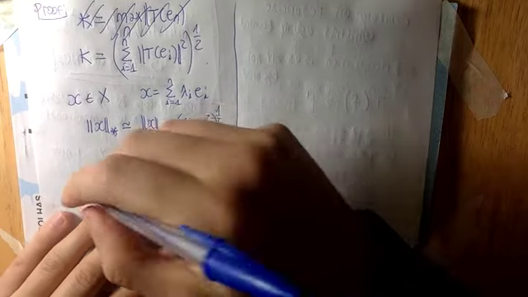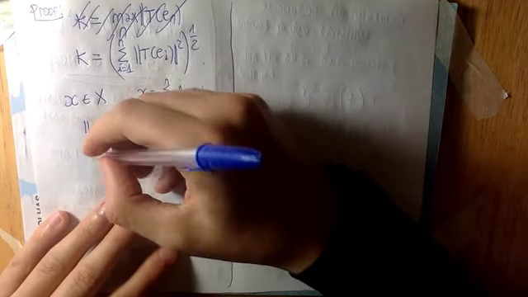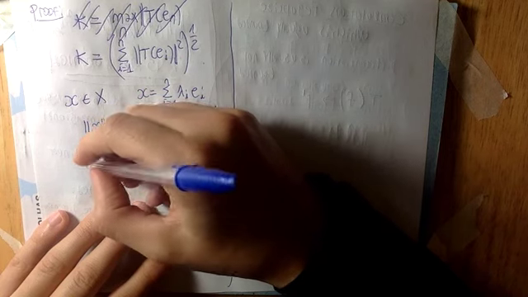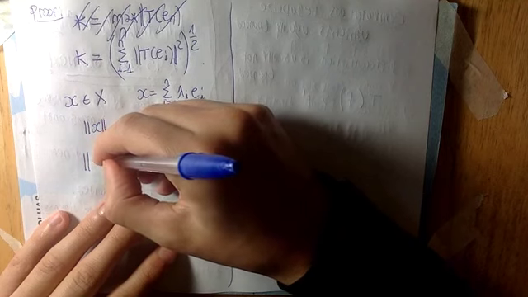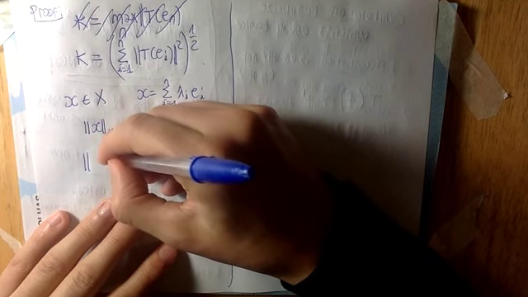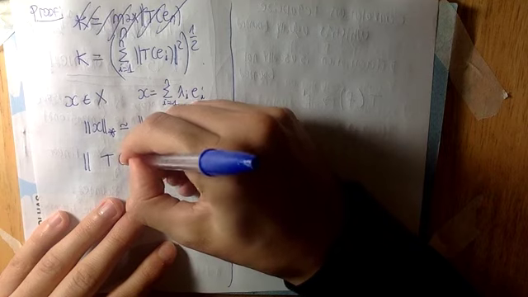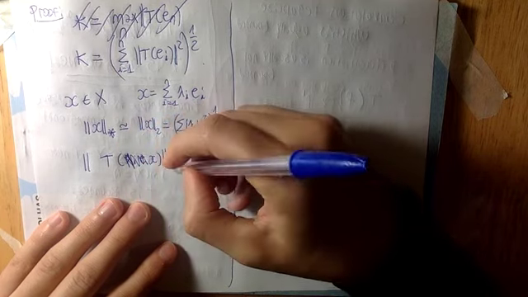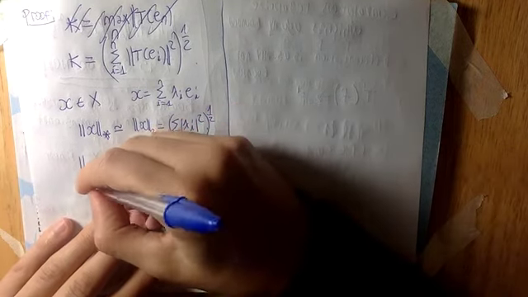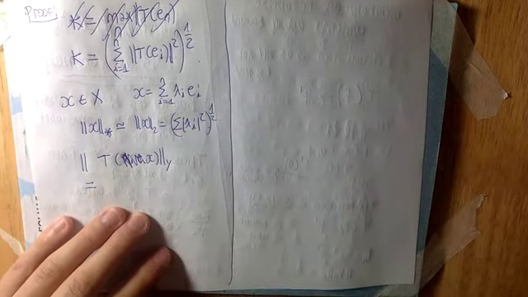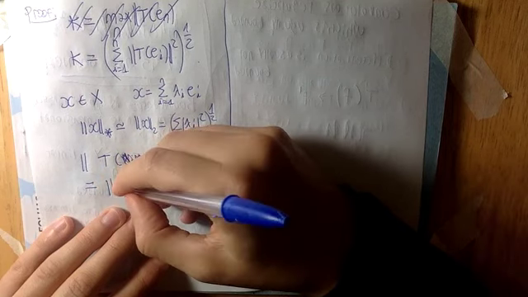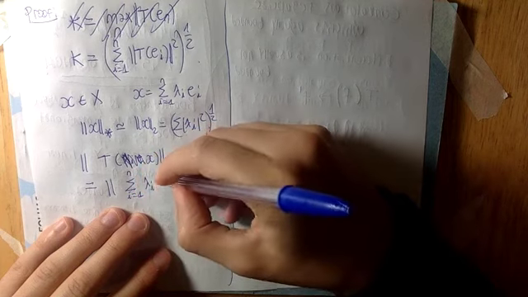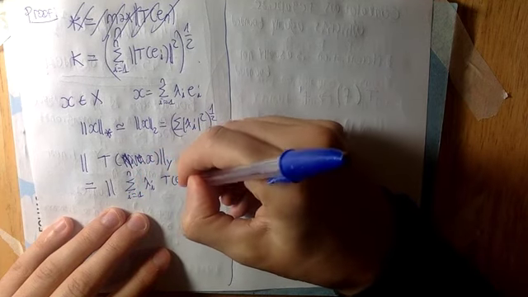So now let's take the norm of T of x, and this is in the norm of Y. This is going to be equal to the norm of the sum from i equals 1 up to n of lambda_i T of e_i.